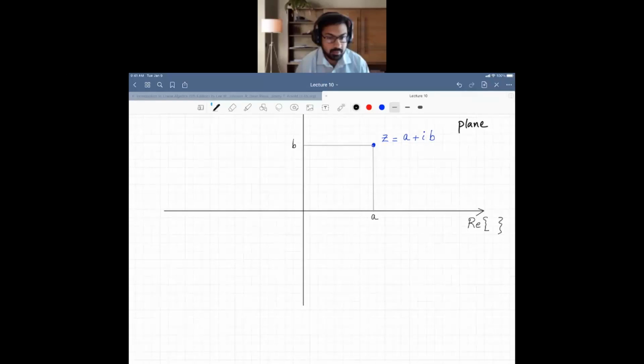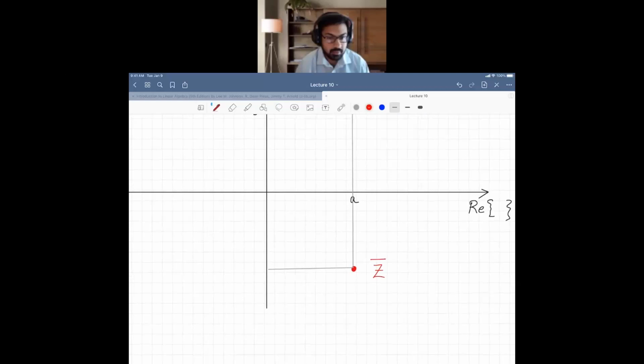So my complex conjugate, let me put that in red, is going to be over here. Hopefully it'll match the scale. In this case, the real part doesn't change, but my imaginary part changes the sign.